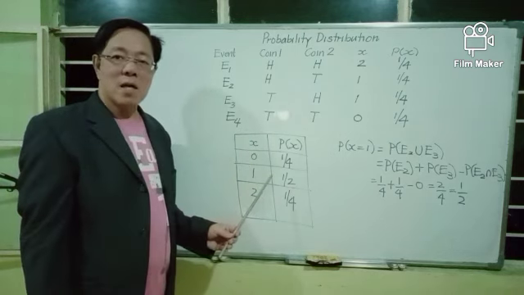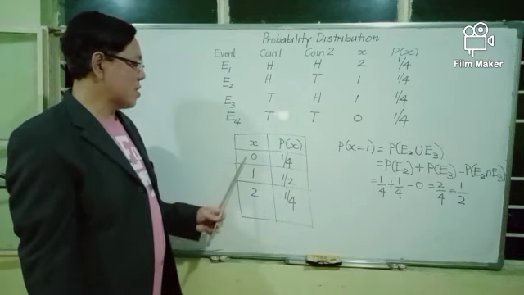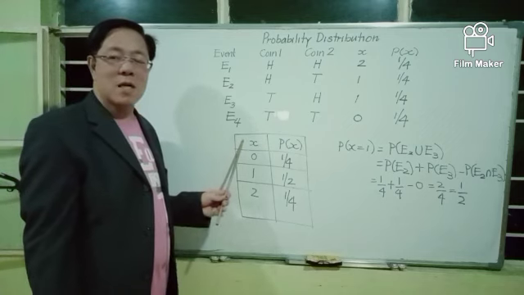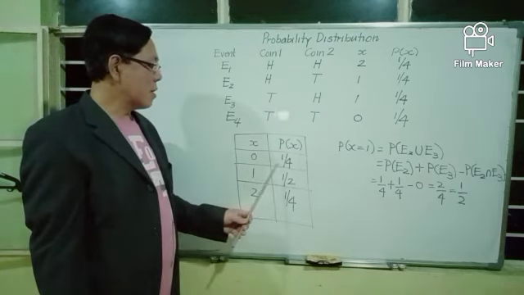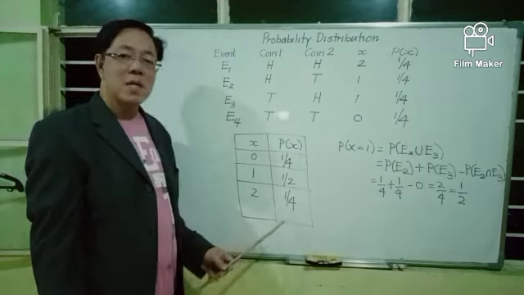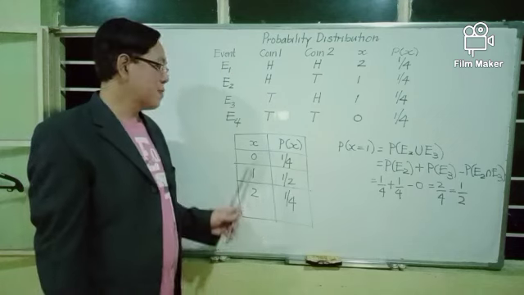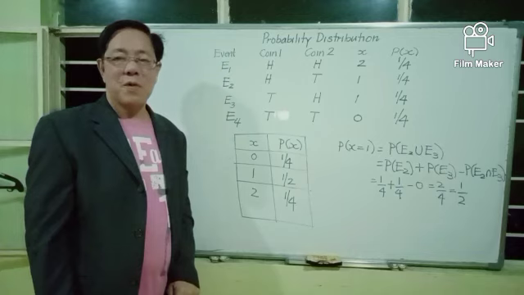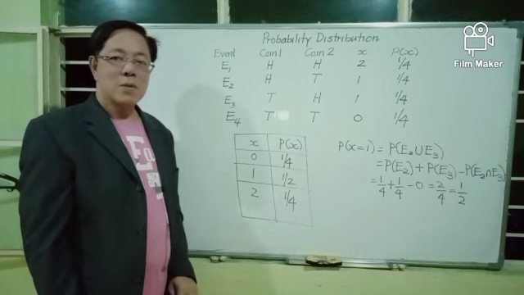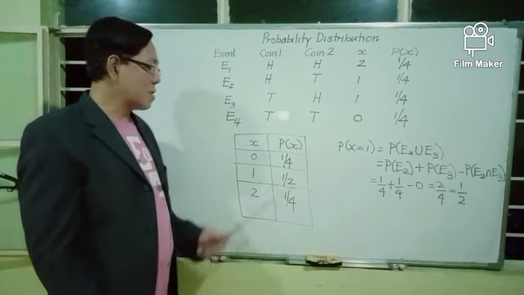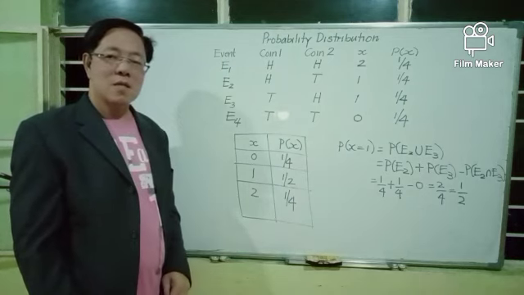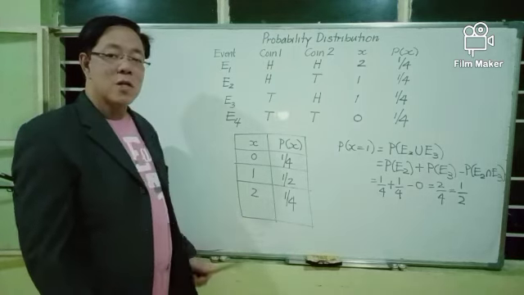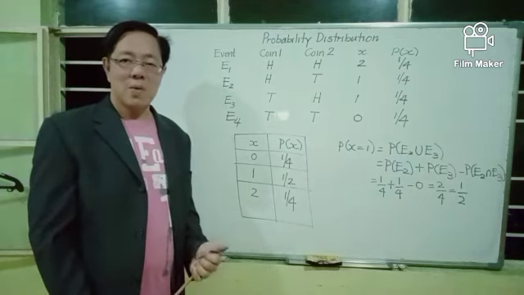It's a table that shows the possible values of the discrete random variable x and the corresponding probability for each value. Now to check if your answer is correct, you check if the sum of these probabilities for the values of the discrete random variable x is 1.